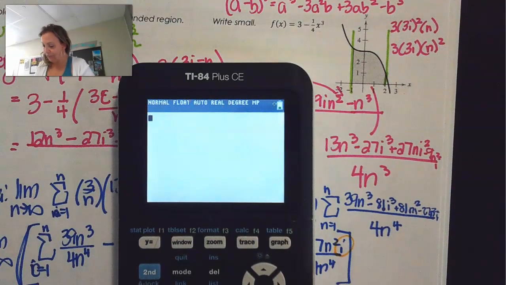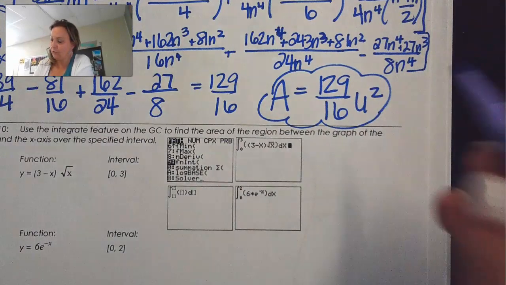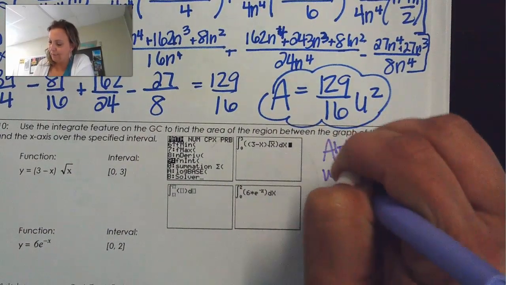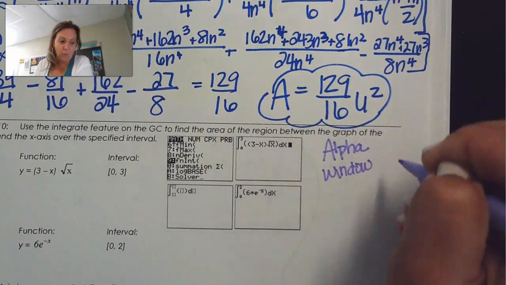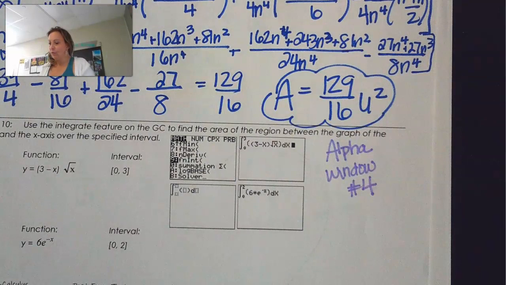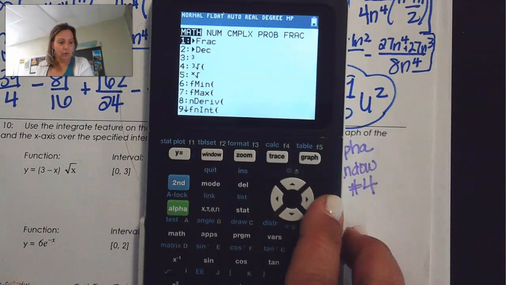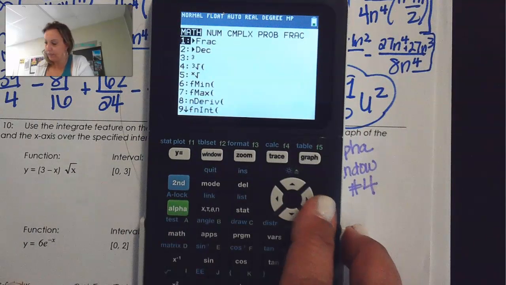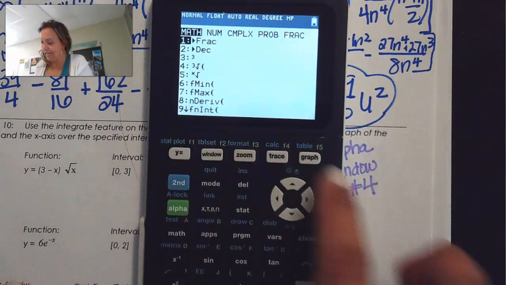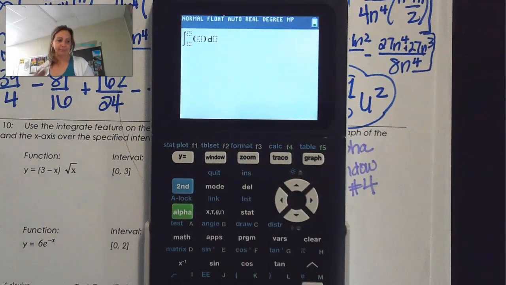What you can do is hit alpha. In the newer models, you can go to alpha window number 4. But you can also go to math, and then go over to where it says fnInt, number 9, and you're going to get something that looks like this on your screen.